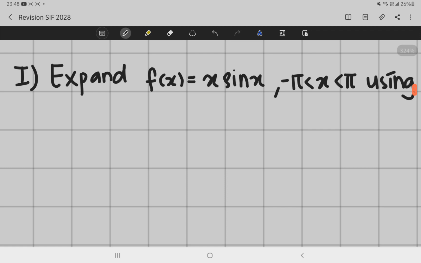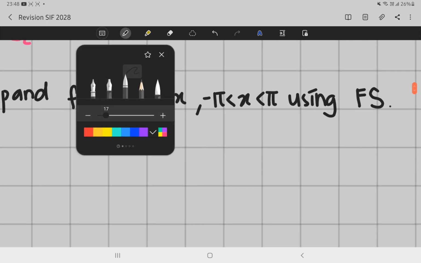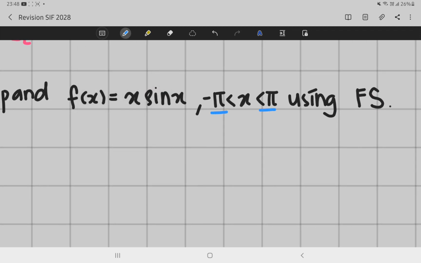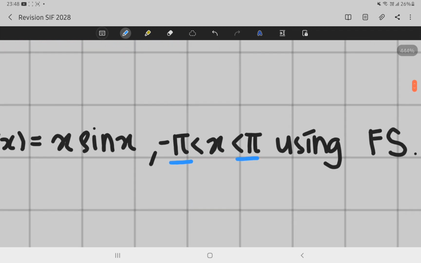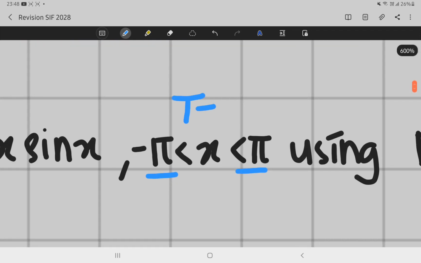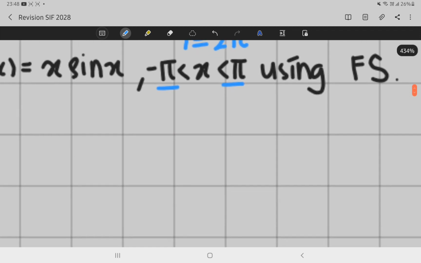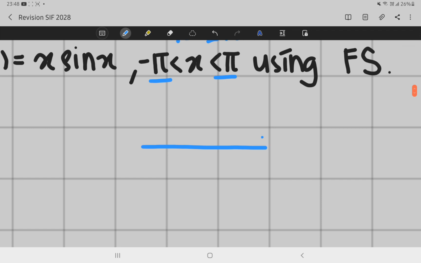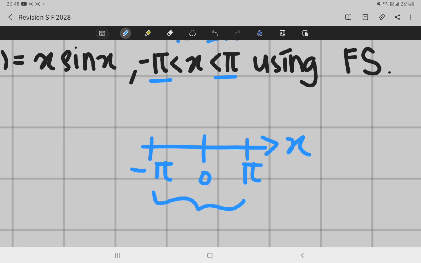First, because we are integrating within minus pi to pi, we know the period is 2 pi. If you draw a simple 1D graph like this, from minus pi to pi, with 0 in the middle, how many periods is it from minus pi to pi?